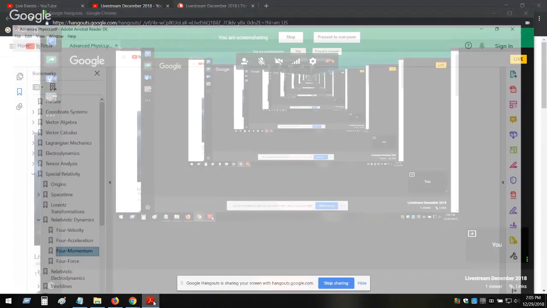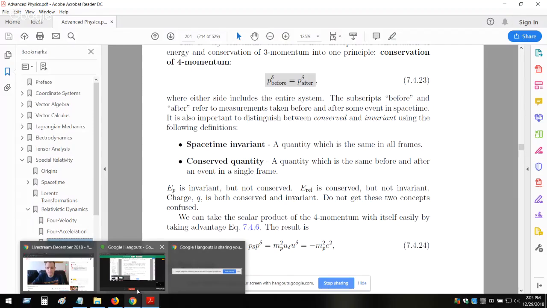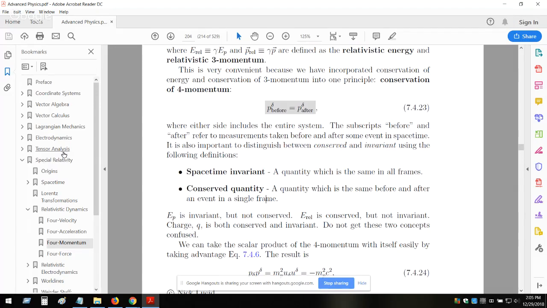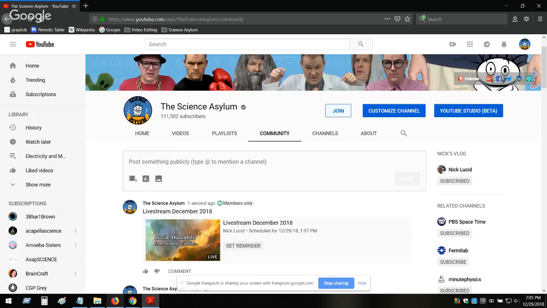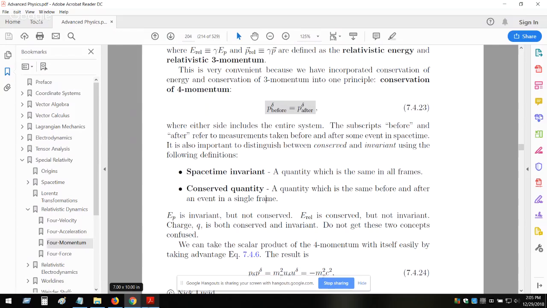Okay, so right here, I'm not sure if you can see this, but it looks like you can. This is my ebook. Some of you probably already have it, but underneath special relativity, relativistic dynamics, and four momentum, that's four-dimensional momentum, just sort of shortened. Is it showing the cursor? It is. Okay, good.